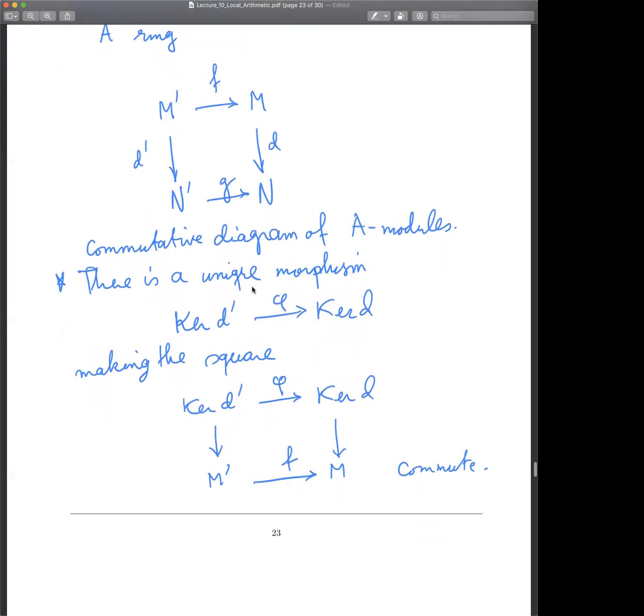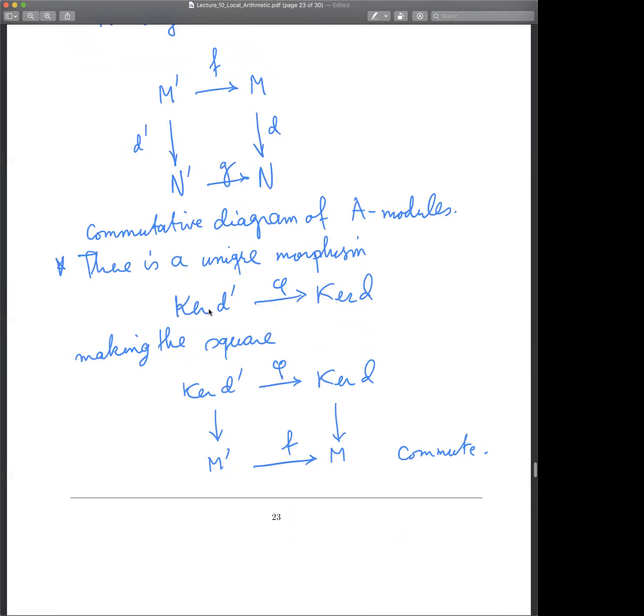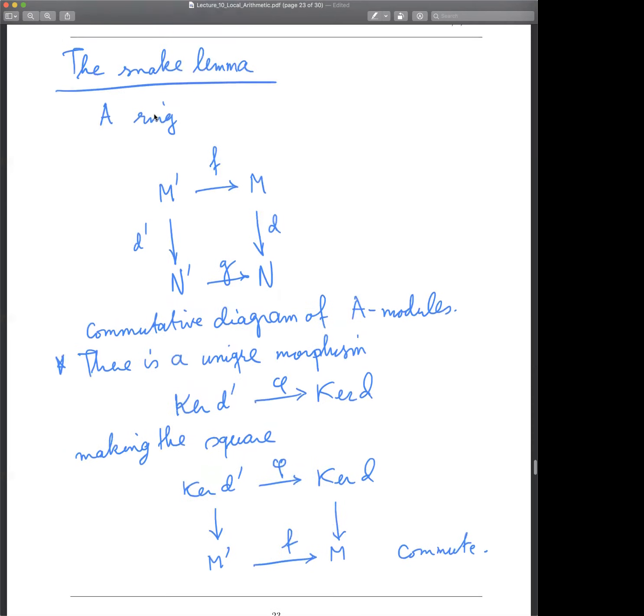Then the first claim is that there's a unique morphism from the kernel of D prime to the kernel of D. So the kernel of D prime should be written here somewhere, and the kernel of D somewhere here. So the claim is that there's a morphism from the kernel of D prime to the kernel of D, which makes this square commute. There's a unique morphism like this.